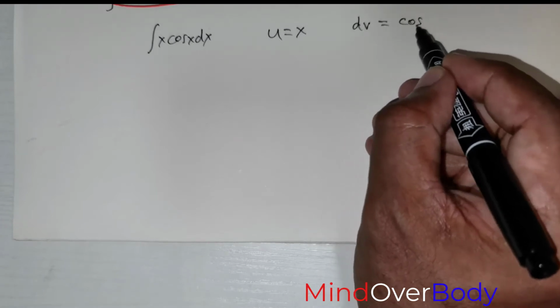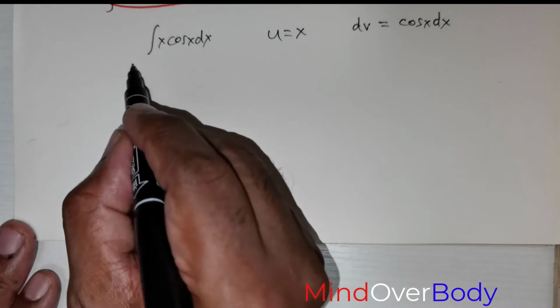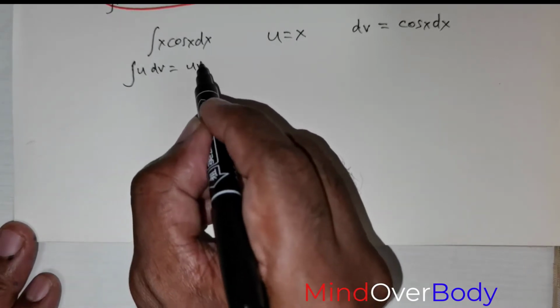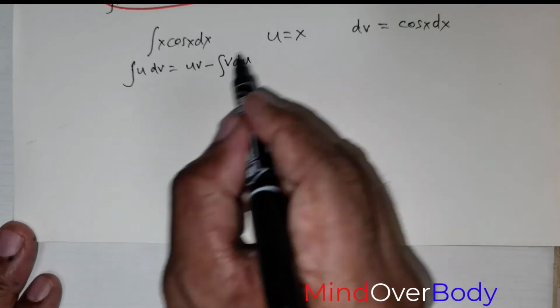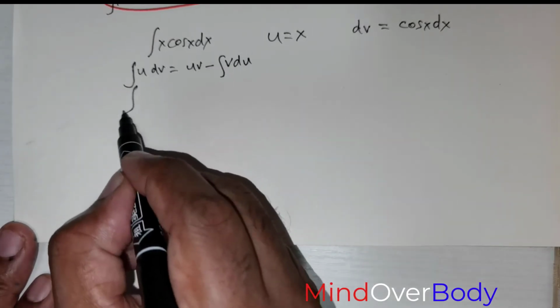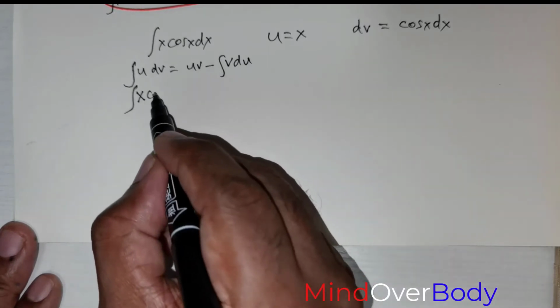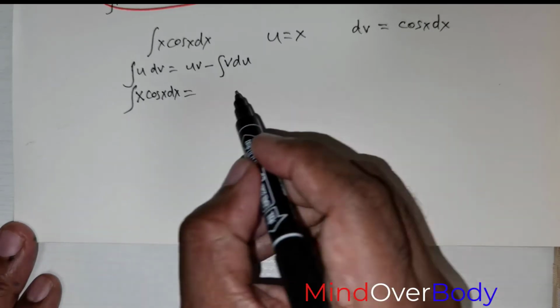So dv is cos x dx. So let us write the formula. The formula is integral u dv is equal to uv − integral v du. So according to the formula, this is going to be integral, in place of u I got x, in place of dv I've got cos x dx. So that is fine. We got the question back.